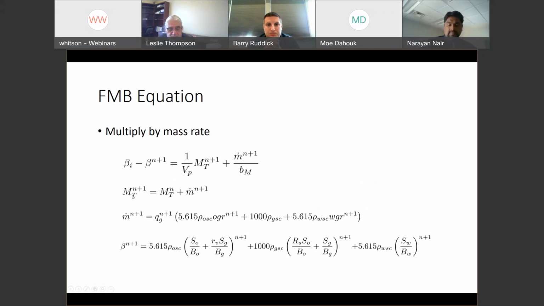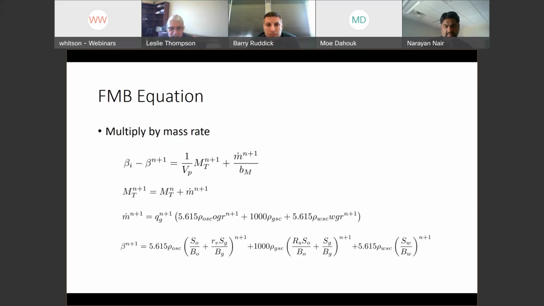The cumulative mass tomorrow is the cumulative mass today, which I know, plus the mass rate tomorrow. And the mass rate tomorrow I can write in terms of the gas rate tomorrow times some term. Again, I know everything in this term. I know the OGR tomorrow, I know the WGR tomorrow. Similarly, the beta, the density term tomorrow, is a function just of the PVT properties tomorrow and the saturations tomorrow.